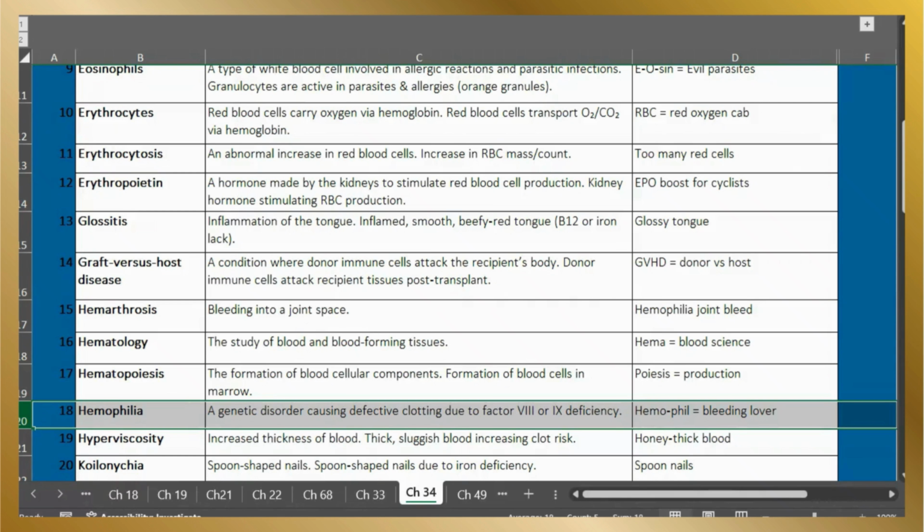So the patient bleeds easily, and treatment includes factor replacement treatment. So it leads to prolonged bleeding. So basically, it's a genetic clotting disorder due to these factors.